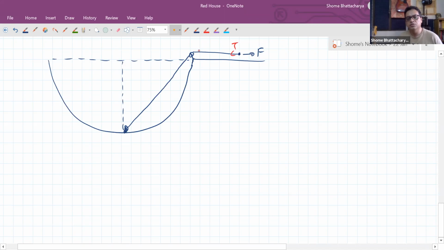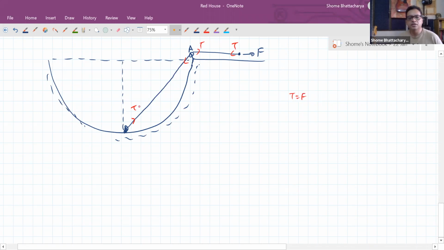So the thread maintains a uniform tension, and the direction of the tension is always directed more or less towards this same point E. So this will also replicate that situation only. So that T will be equal to F at all times.